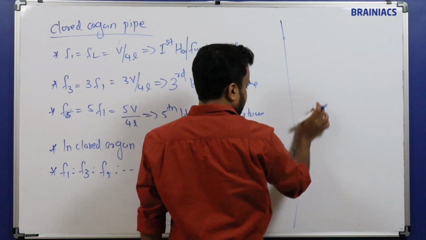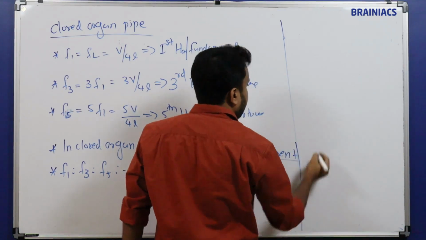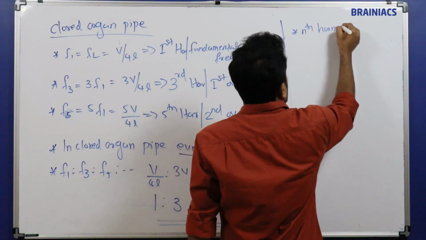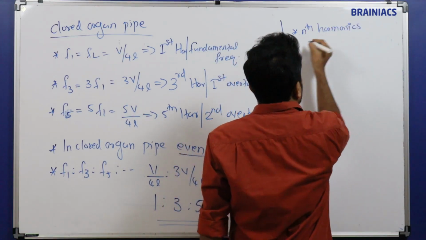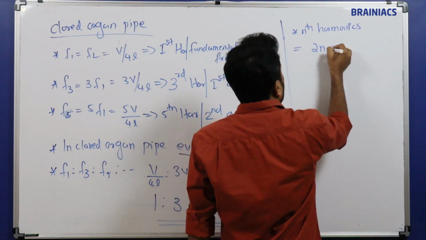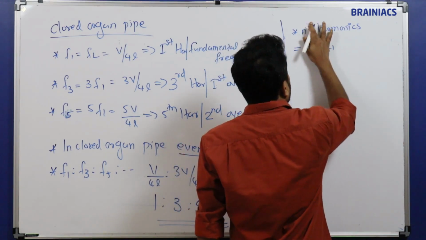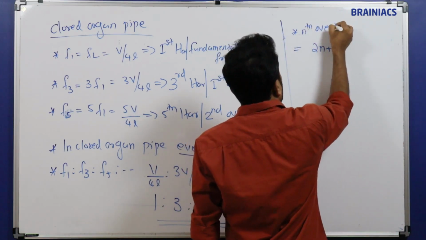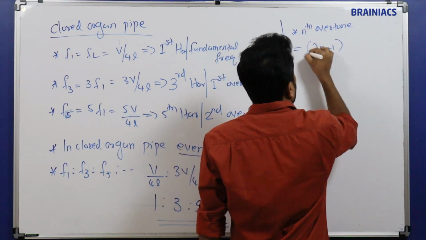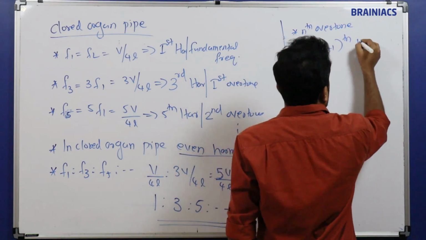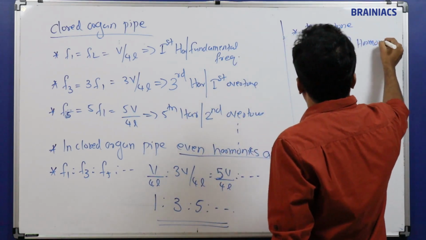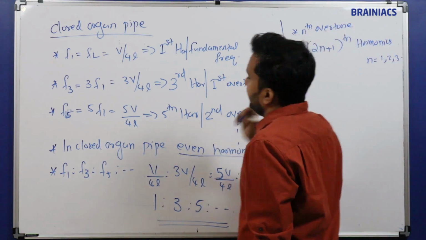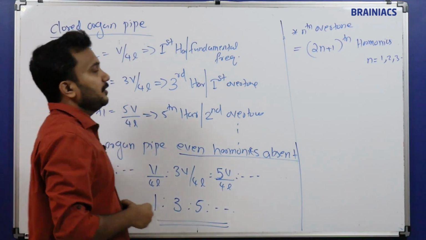Next key point: nth overtone is equal to the (2n plus 1)th harmonic. That is, n will be equal to 1, 2, 3 etc. Now when we take the first overtone, what will come?